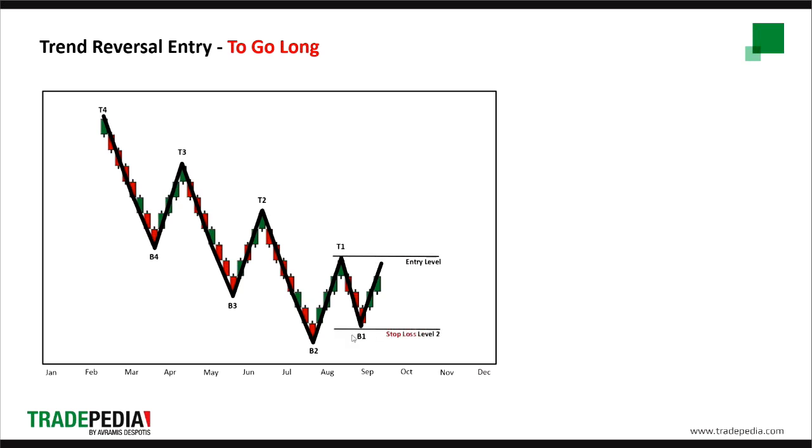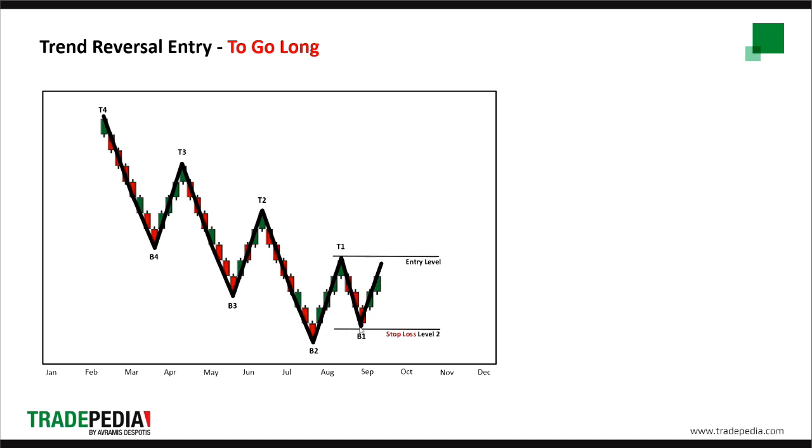You should set your stop loss below B1, guys. No need for you to put your stop loss below B2 because remember, if this uptrend begins, it should be constituted of higher tops and higher bottoms. So prices can go down but should not break the previous bottom. That is why a good place to put your stop loss would be below B1.